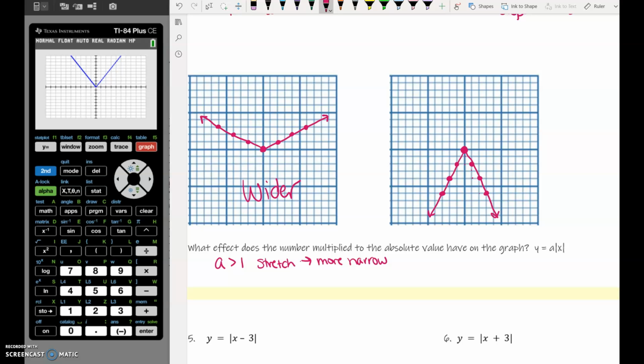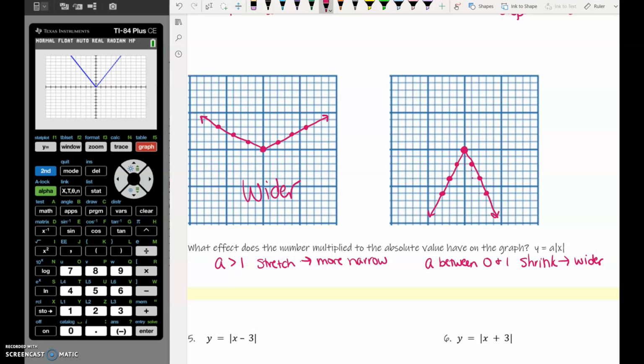If the slope is steeper, it's going to be more narrow. If A is between 0 and 1, like in 1/2, it's called a shrink. And that's where it gets wider.